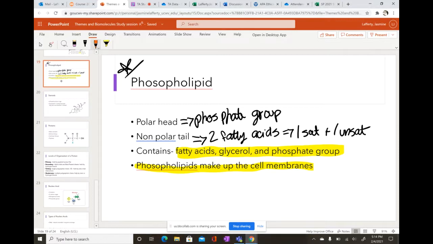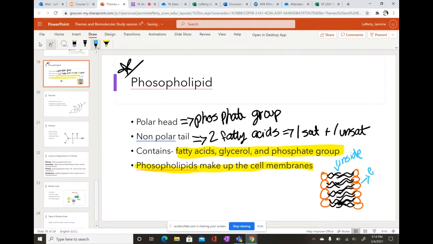So let's draw this out. You know that the phospholipids have the polar heads. So they line up outward facing. And then they have their little tails tucked in. Now, this is inside of the membrane.